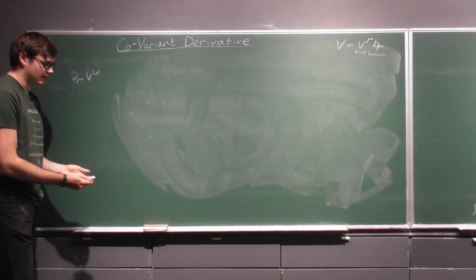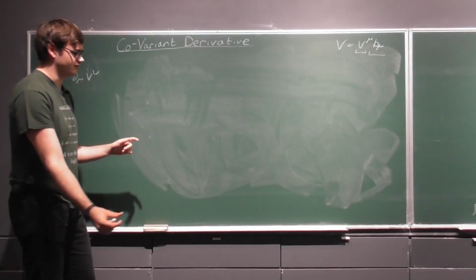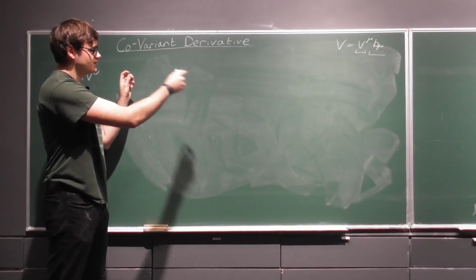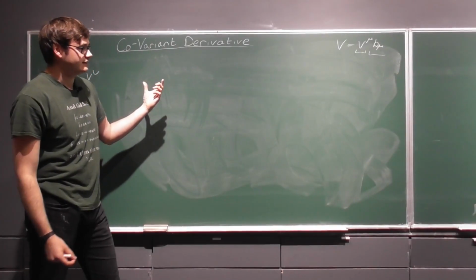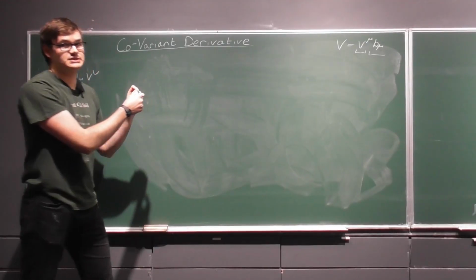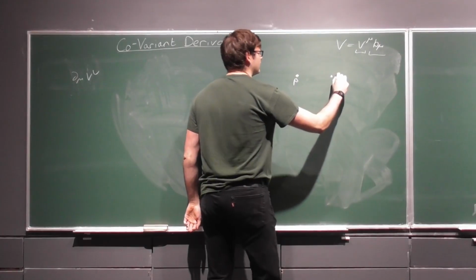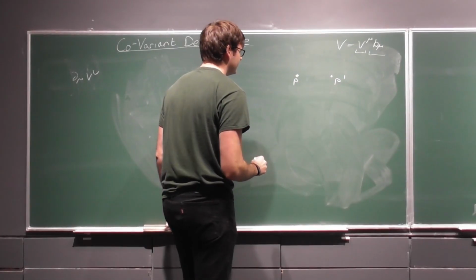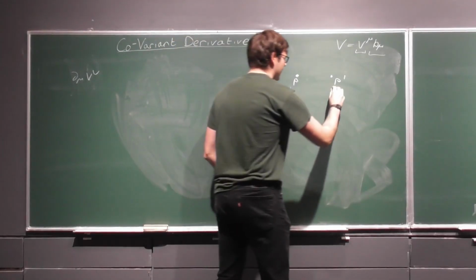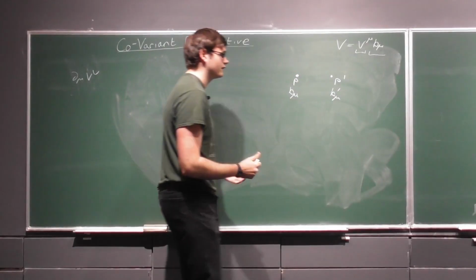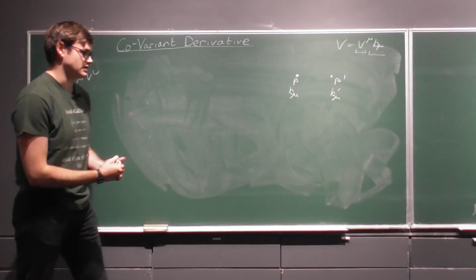Okay, so how is it going to change? To do this, we're going to go back to how we originally find a derivative. We're going to get 2 points, see what changes between them with some function, and then infinitesimally take those points together. And that usually gets us what we want. Okay, so let's say I have a point P, I have a point P prime. At P, I can expand my basis in b mu, and at this point, they're going to change to b mu prime, because you go along and they're going to change.